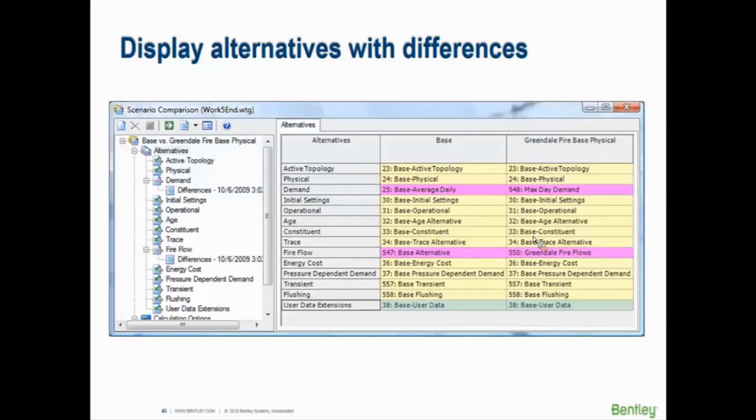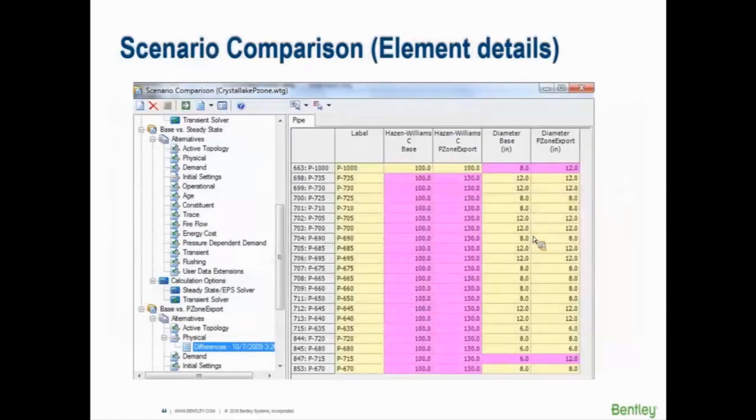Now it's giving you an idea what you did differently between the two scenarios. Now you want to see a little bit more detail and see what those changes were. So now you can go look at the differences between those two and see, okay, this one scenario had the C factors at 100, this other scenario had C factors at 130, and there were a few diameter changes as well. So now we're comparing one scenario to the other to see what changed.